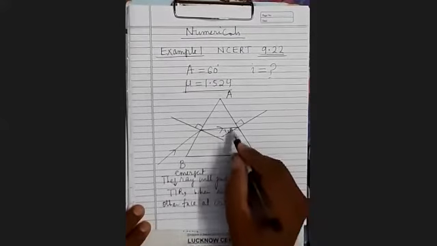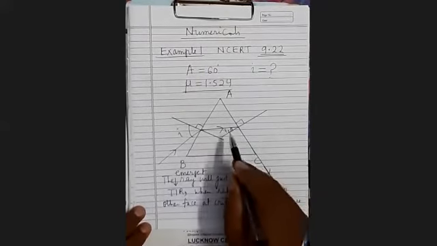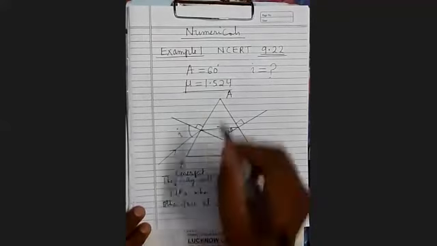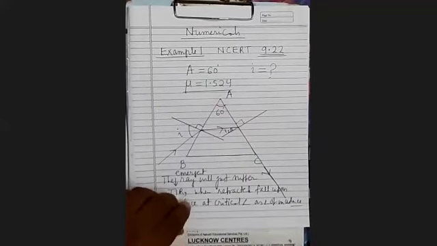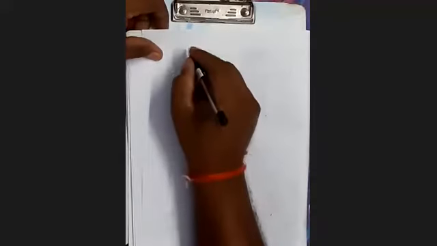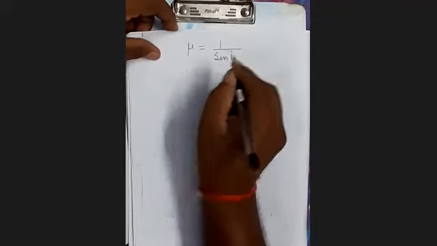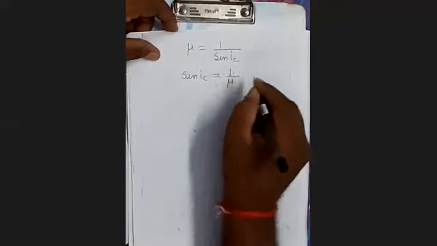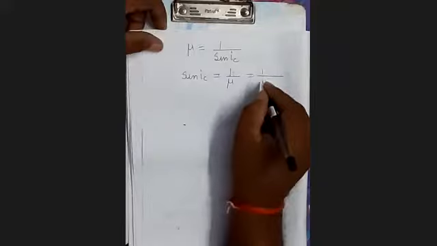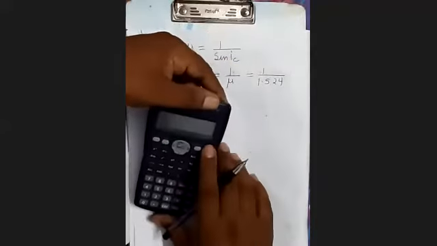So see here, we have to determine this angle I, but firstly we will determine IC. This angle A is given 60 degree. So what will be IC? Here mu equals 1 upon sine IC. So sine IC is 1 upon mu, that is 1 upon 1.524. You simplify and determine the value.